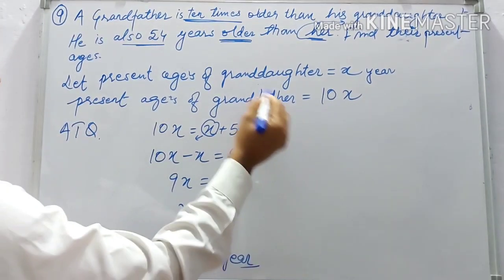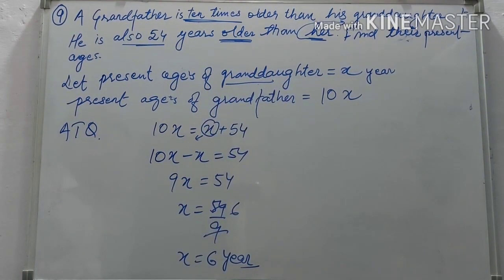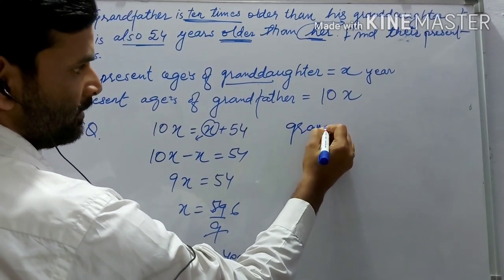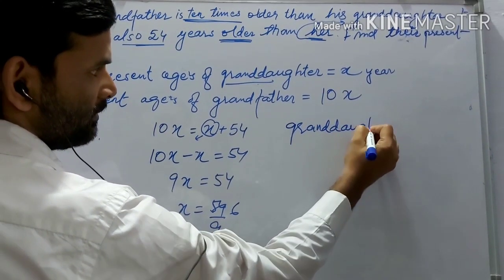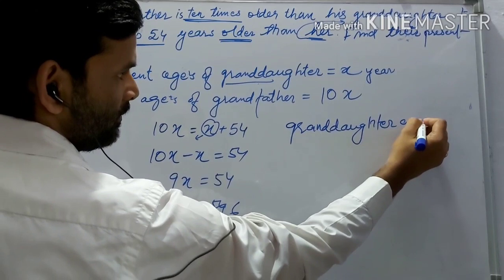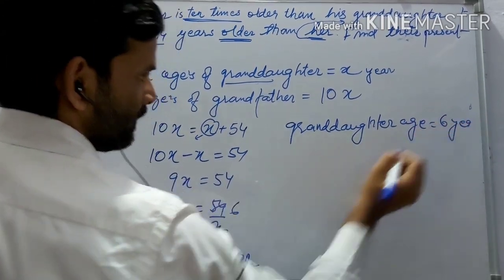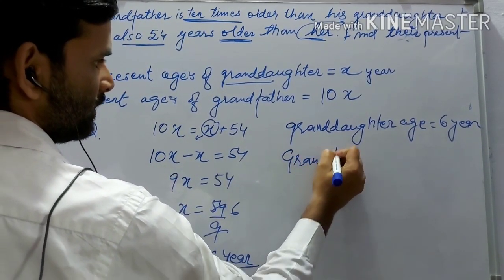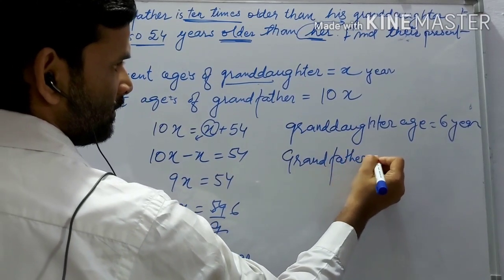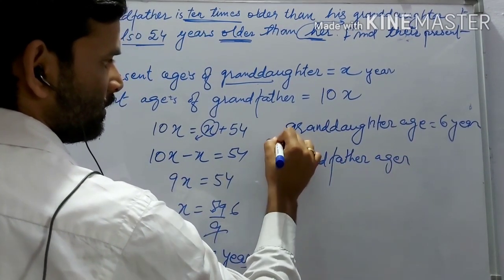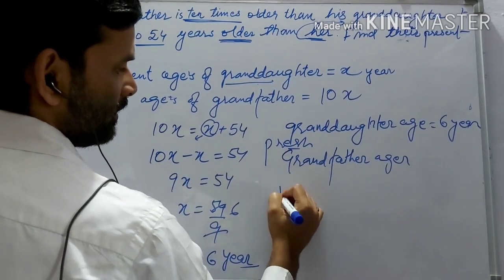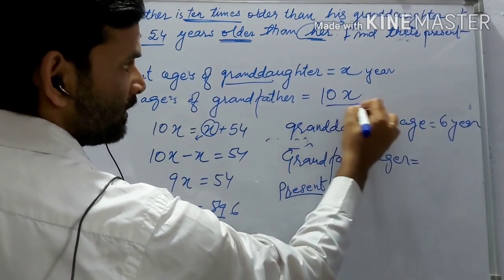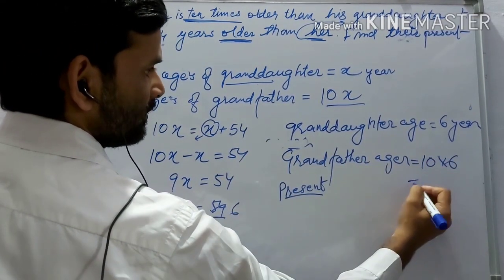The age of the granddaughter is 6 years, and the grandfather's present age is 10x, 10 into 6 is equal to 60.